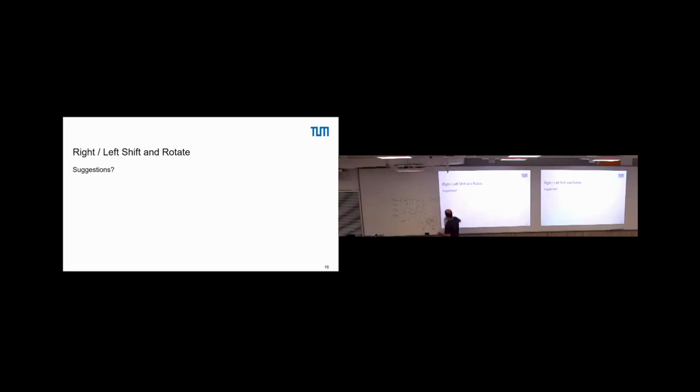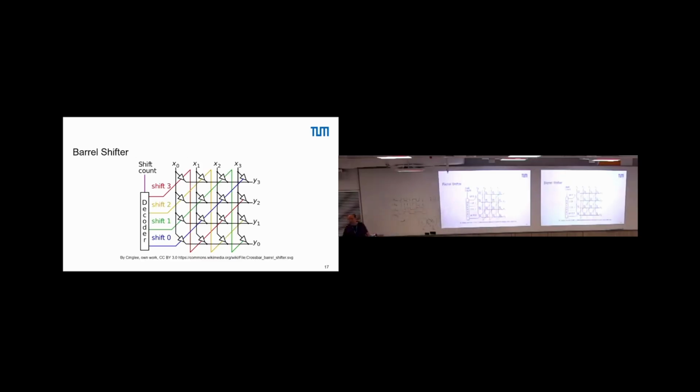So what is done in reality is you have such a barrel shifter. So what does this do? You want to shift, you have input data x0, 1, 2, 3, and you have output data y0, 1, 2, 3. In between, you have pass gates. Do you know what a pass gate is? No? So it's a very simple kind of a gate.